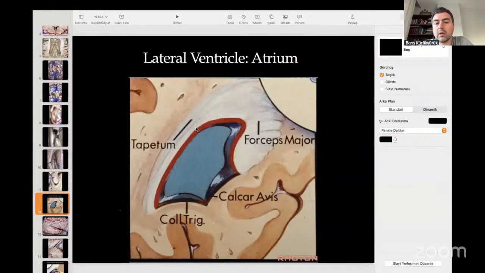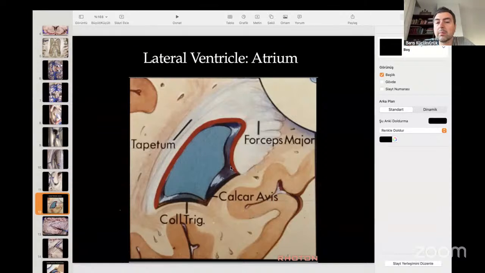So this is a coronal cut passing through the atrium. On the floor, there will be several prominences, one at the floor and two at the medial wall. The prominence at the floor is called the collateral trigon, which is the impression of the collateral sulcus into the ventricle, just like the calcar avis, which is the prominence of the calcarine sulcus into the atrium.